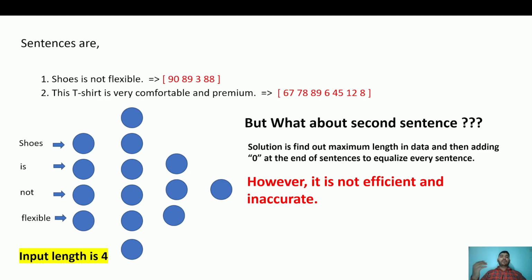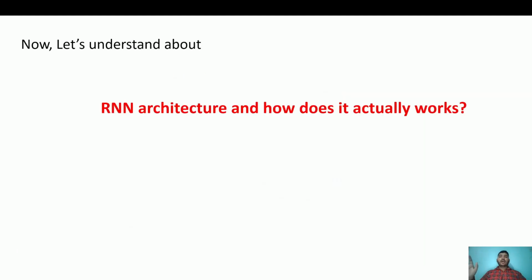But it is not efficient and also inaccurate, right? We cannot get better model accuracy if we do such things. That is how RNN is very useful instead of traditional neural networks when we deal with sequential data. Now let's understand the RNN architecture and how it actually works.